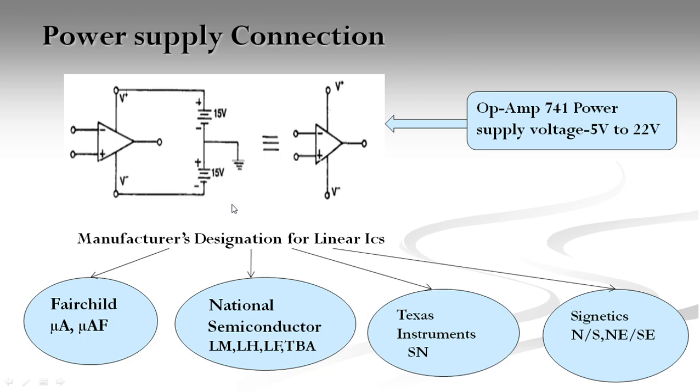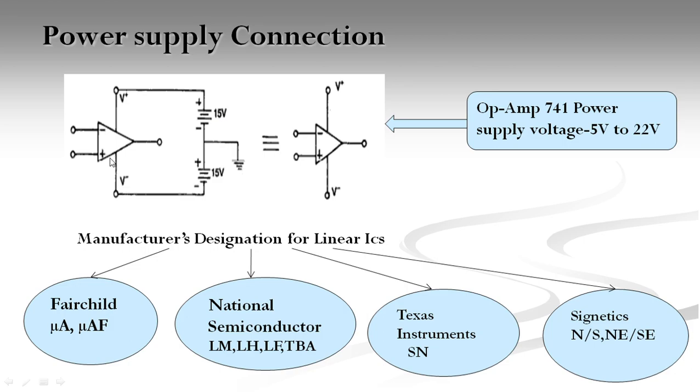Now let us see what supply we can apply for the op-amp to be operated in the active region. See here, the circuit shows a schematic symbol with the two input terminals and the output. On the seventh pin and fourth pin, the DC supply will be connected. Here V plus, which is nothing but the seventh pin, the positive of the supply will be connected to the positive of the DC source, and the negative will be grounded.